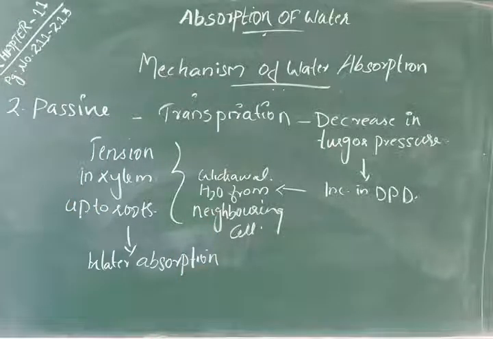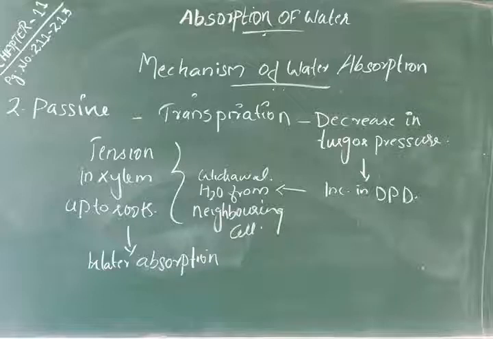So what is passive absorption? It is based on the process called transpiration. Transpiration means the loss of water vapor from the leaves. As a result, there is a decrease in turgor pressure, and this decrease in the turgor pressure of the leaf cell leads to an increase in the diffusion pressure deficit. As a result, water is withdrawn from the neighboring cells of the leaf cell.